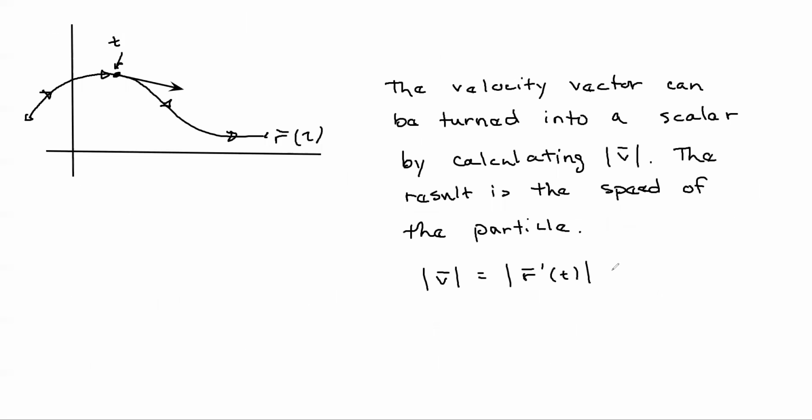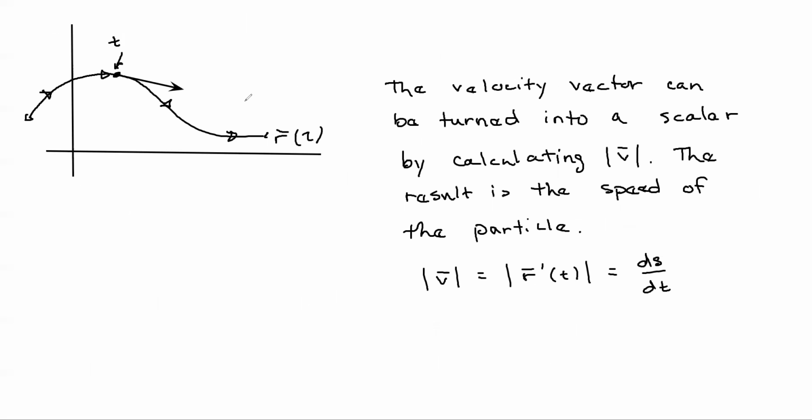Then, as you may recall from a previous video, we showed that the length of r prime is actually equal to ds dt. And so this enables us to turn our velocity vector into a traditional speed result that we can interpret.